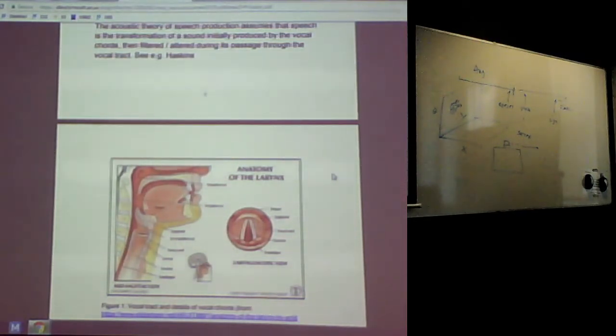That's the fundamental frequency. This is not yet speech, it is just a basic sound. And the speech is then produced by transformation of this sound by all of this system here. Your tongue will change the shape and all that stuff. So this is supposed to be a filter through which this fundamental sound is produced.